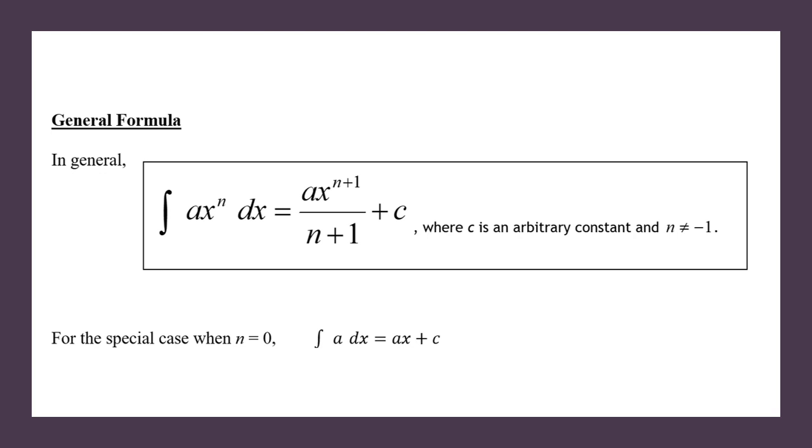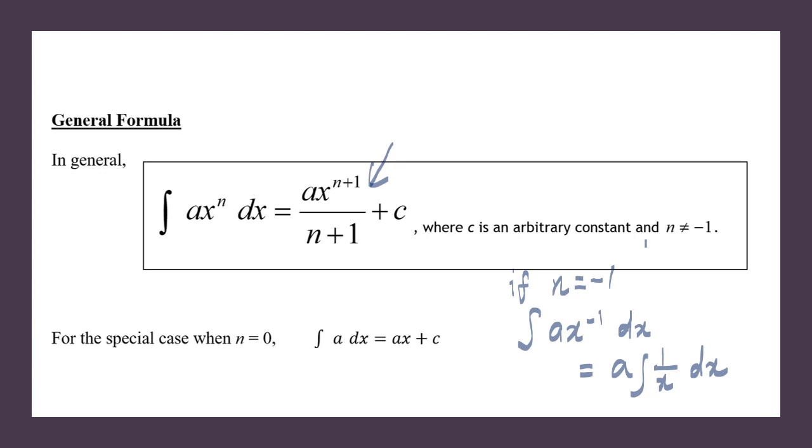If n is equal to -1, then what we'll be getting will be a x to the power of -1. In this case, what we are integrating is 1 over x. So for integrating 1 over x, you cannot apply this rule here. It is a different rule.